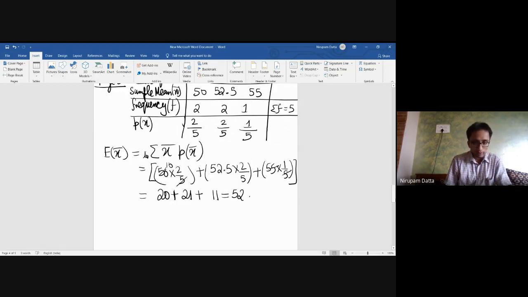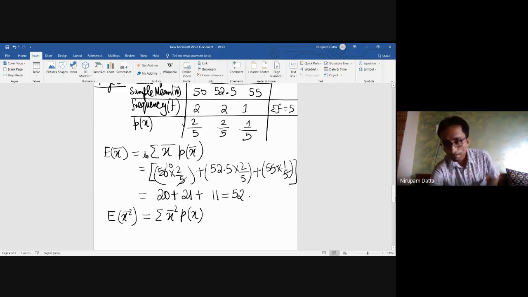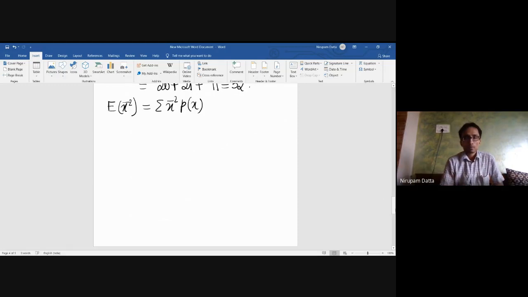Now we will have to calculate E of x bar square. That is x bar square into P of x bar. 50 square into 2 by 5 plus 52.5 square into 2 by 5 plus 55 square into 1 by 5.